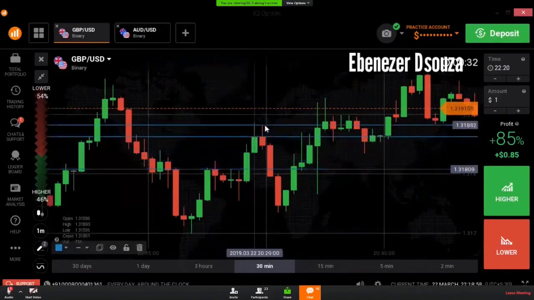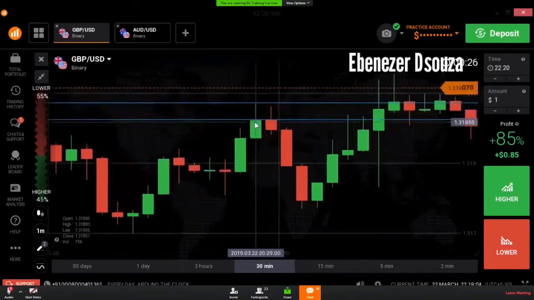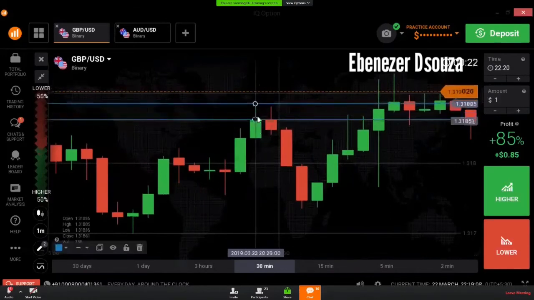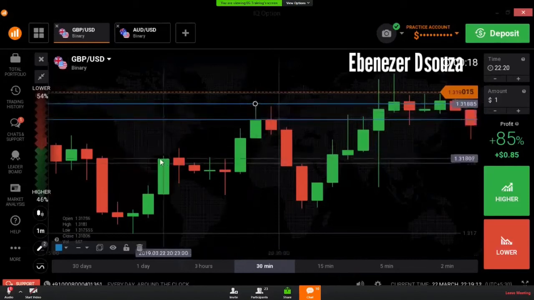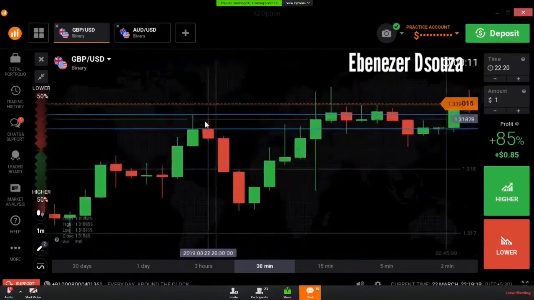I will show you the 5-second confirmation here. Here also, you are seeing a level from this level to this level. The seller changed their entry point from this level to this level.